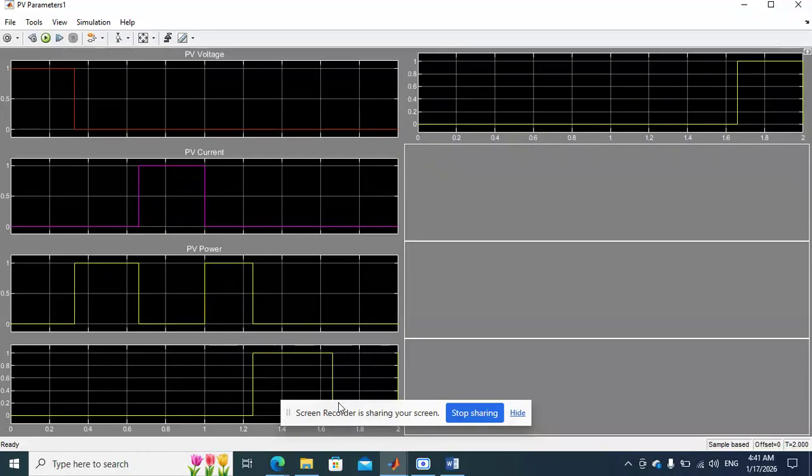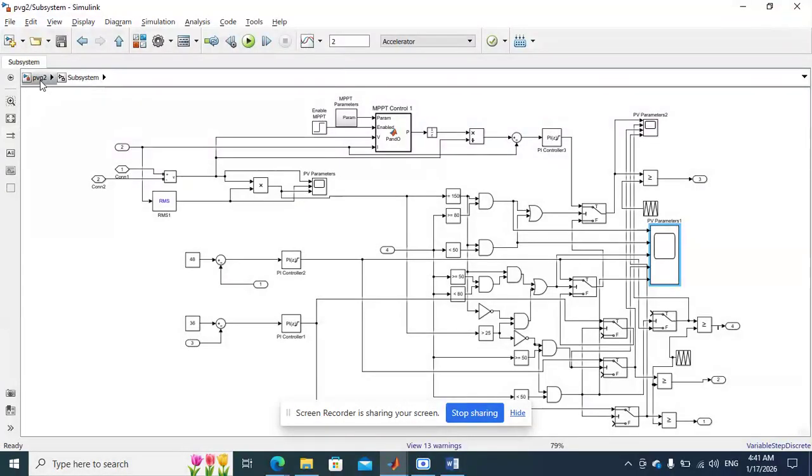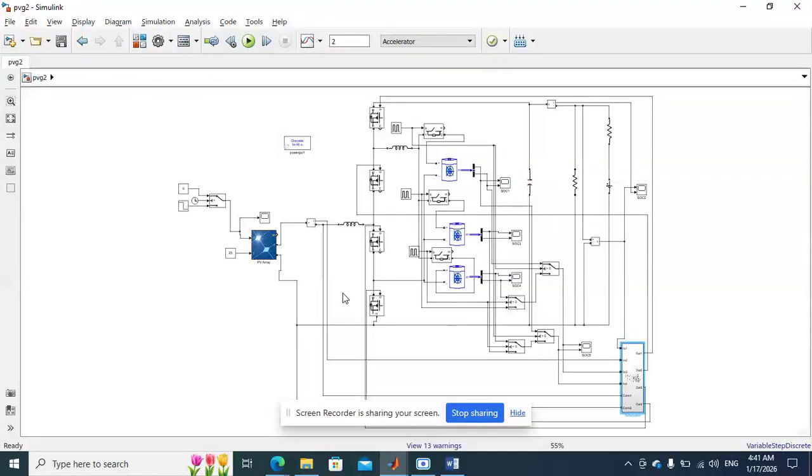After 1.25 seconds, vehicle to grid until 1.65 seconds. And after 1.65 seconds, grid to vehicle. Okay, all the modes are provided, depending upon the battery SOC and power availability from the PV.